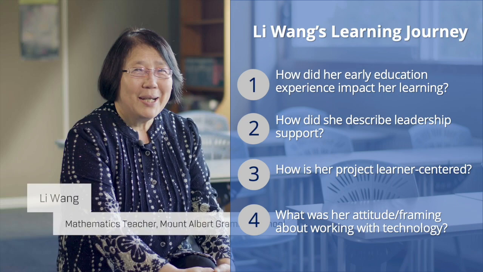Listen to the word choices and the language she uses to describe how her leaders support her in her learning journey. Also, how is her project learner-centered? You might hear a term flipped learning, and see if you can define that in the video. And finally, kind of gauge her overall attitude or how she frames up working with technology. Watch this video and we'll debrief on the other side.